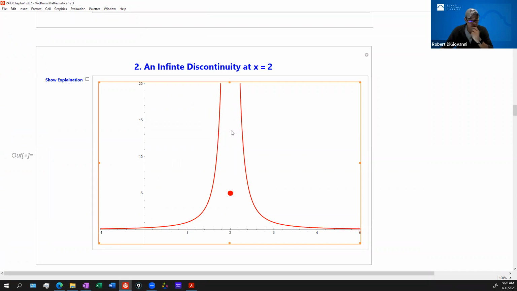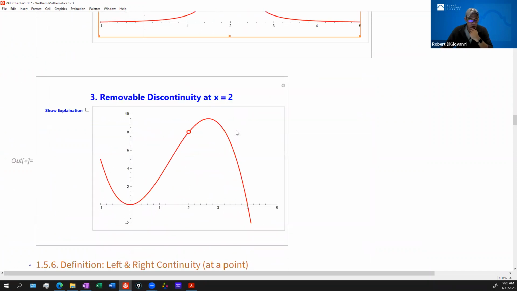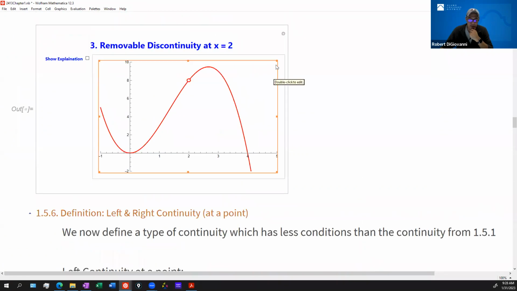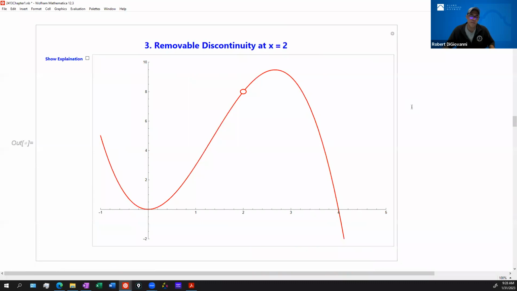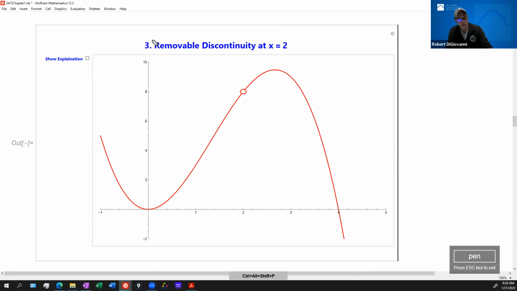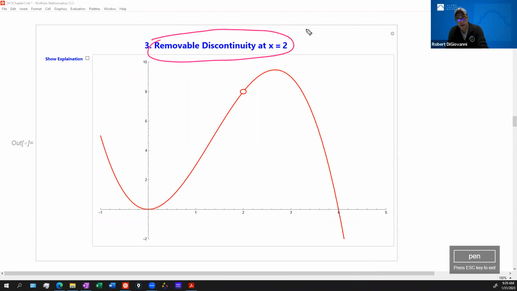All right. The third type is called a removable discontinuity. When I was learning this, I thought that's kind of a weird name. What do we mean by removable discontinuity? It really just means that we have a hole. Do y'all see that we have a hole there?